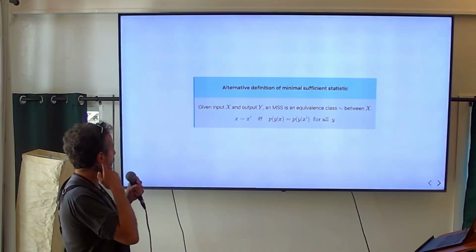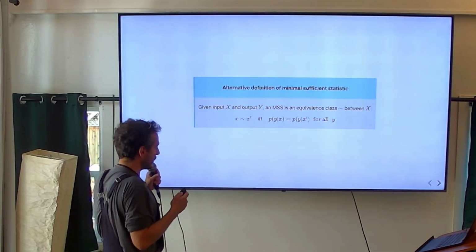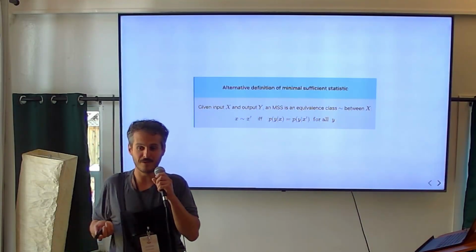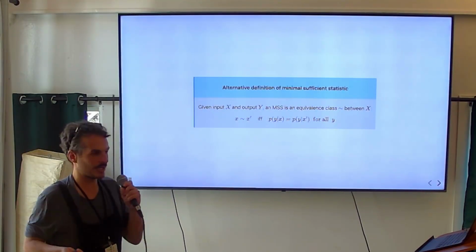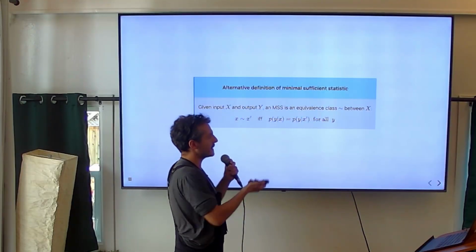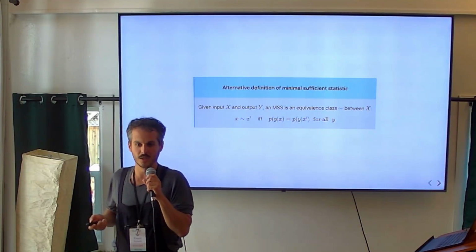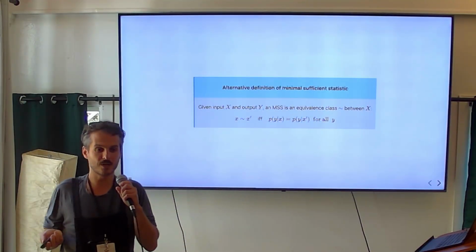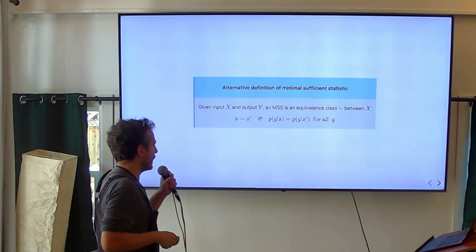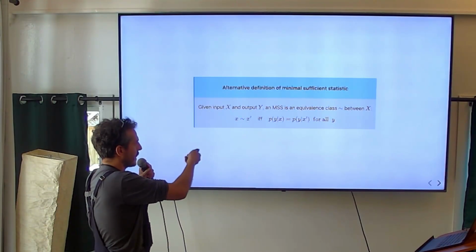Let's start by thinking of a different but equivalent definition of minimal sufficient statistics, which I think is a lot more elegant: a minimal sufficient statistic is an equivalence class between outcomes of X. Sometimes people talk about it like this.